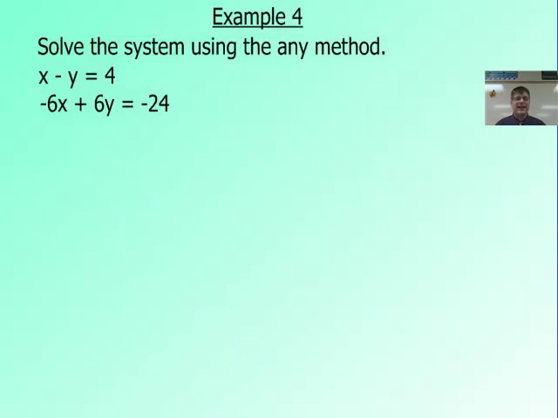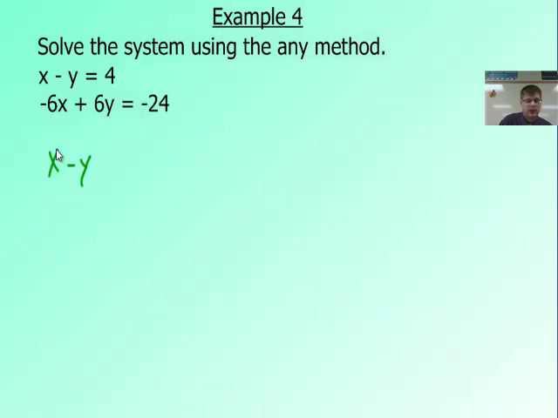Let's look at another one here. We're going to solve this system using any method that we want. It doesn't specify. Let's go ahead and, I like how we have a 1x here, so I'm going to use substitution for this. I think that will be the smart route.